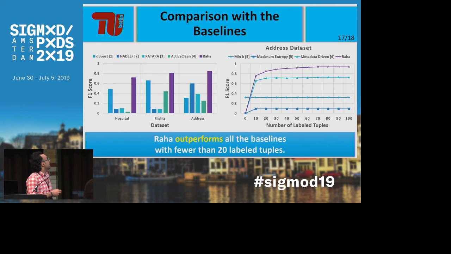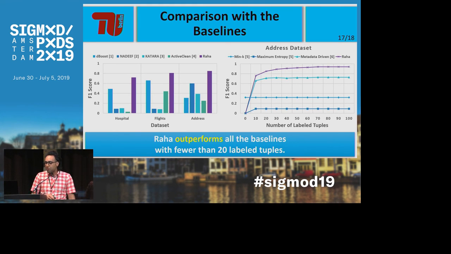The first chart on the left shows the performance of Raha against standalone error detection systems. These standalone error detection systems are error detection algorithms that can work on their own. On the right-hand side, you can see a comparison of Raha to aggregator error detection systems. These aggregator tools aggregate the output of different standalone error detection tools.